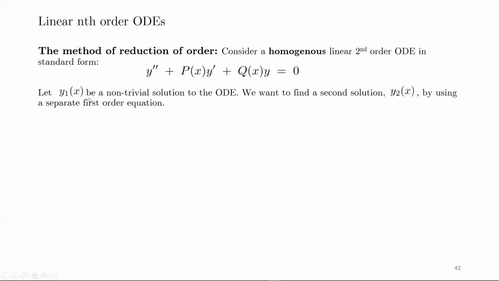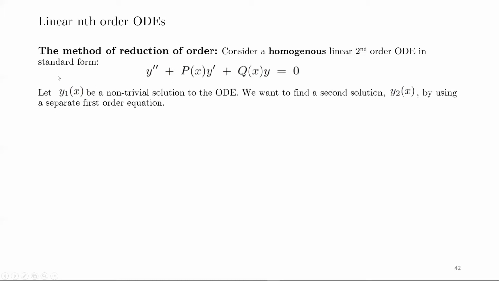Okay, so imagine somebody hands you a non-trivial solution to this ODE, which we're calling y1. This is a second order ODE, so to form a fundamental set of solutions, we need 2 solutions to this ODE, in fact 2 linearly independent solutions. So we want to find a second solution, y2, by using a separate first order equation.